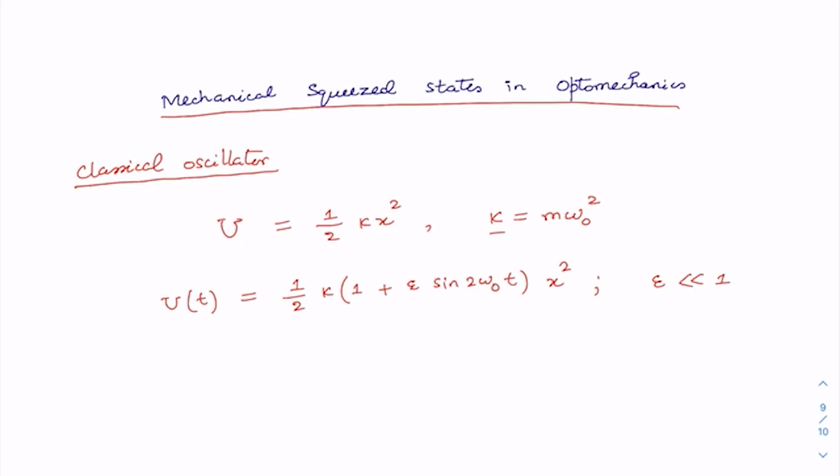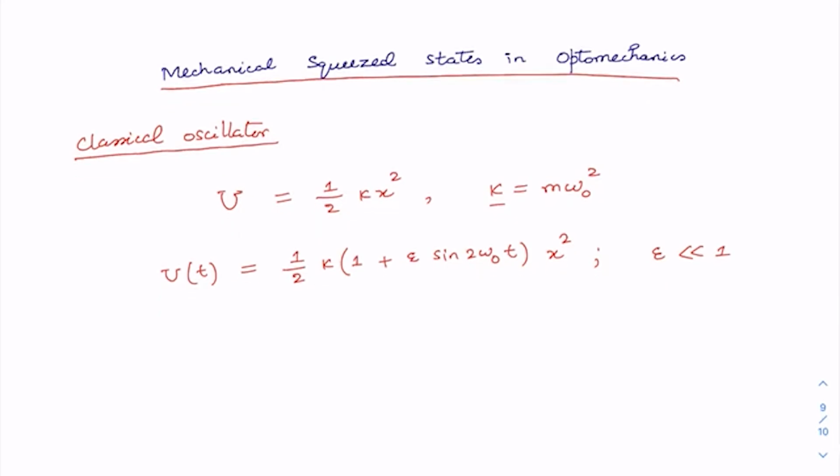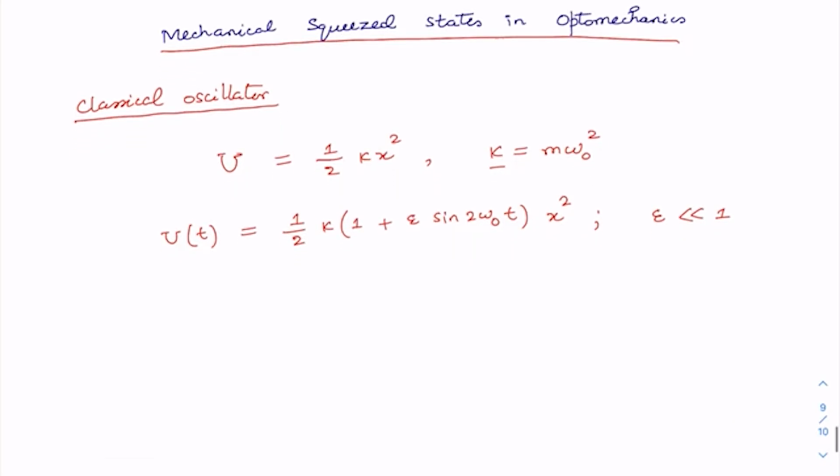Okay, so if I introduce this kind of a frequency modulation or spring constant modulation, then you will find that we'll get a kind of squeezing even in the classical context. Now if I use this potential energy function to write the equation of motion, we have m x double dot is equal to minus del U by del x.